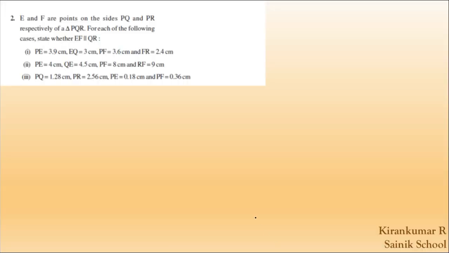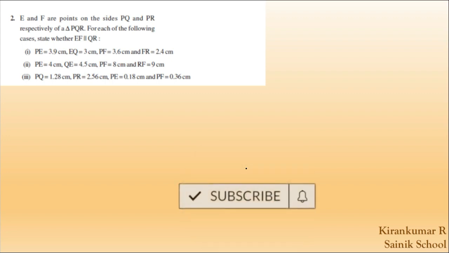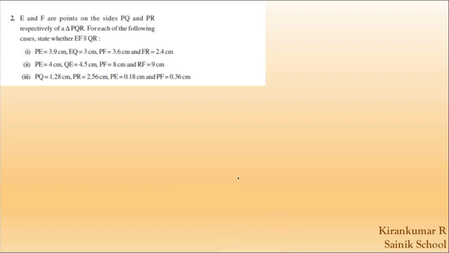The second question is: E and F are the points on the sides PQ and PR respectively of a triangle PQR. For each of the following cases, state whether EF is parallel to QR. The first one is PE equal to 3.9 cm, EQ equal to 3 cm, PF equal to 3.6 cm, FR equal to 2.4 cm.